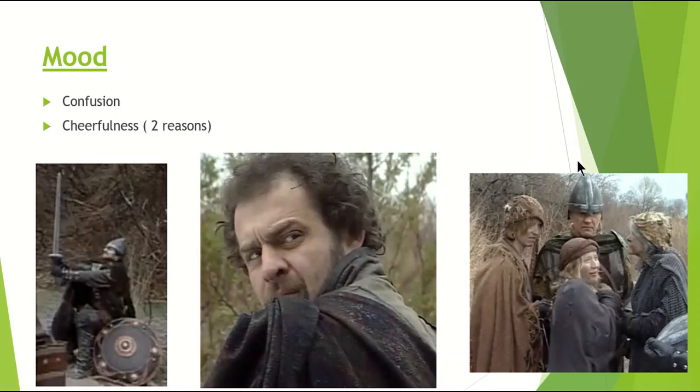But as you can see, this man in the back is like, what? So this plays into confusion. As well as this middle picture, when this lady in the middle is saying, all hail Macbeth, he's like, who are these people, one, and what are they talking about? So the mood shifts from cheerful, over here and holding the sword, to what are these people and what are they talking about?